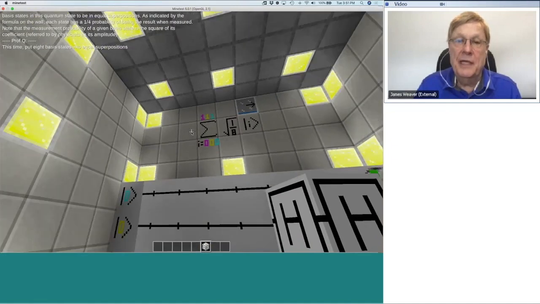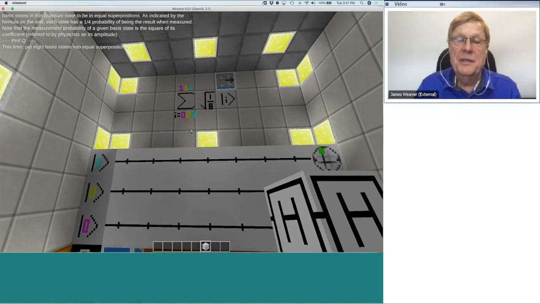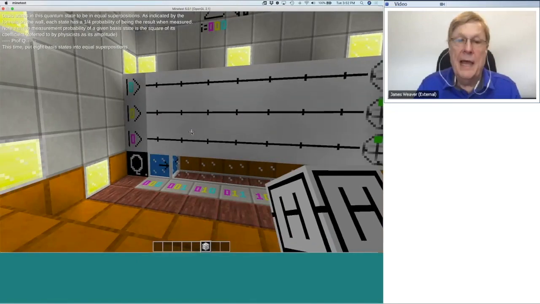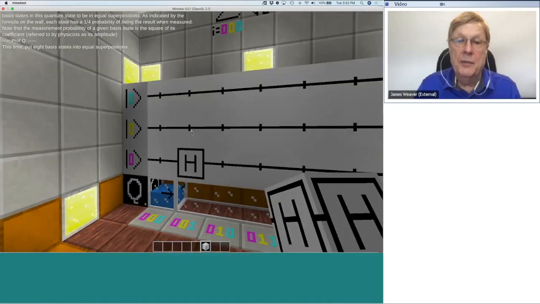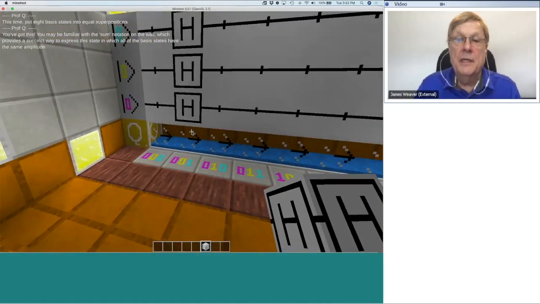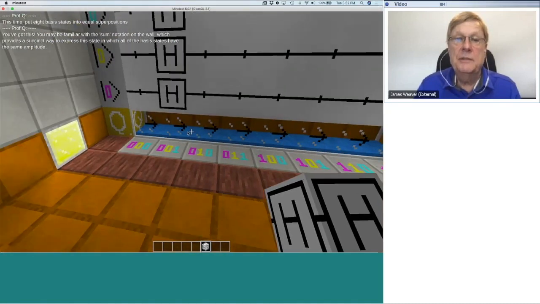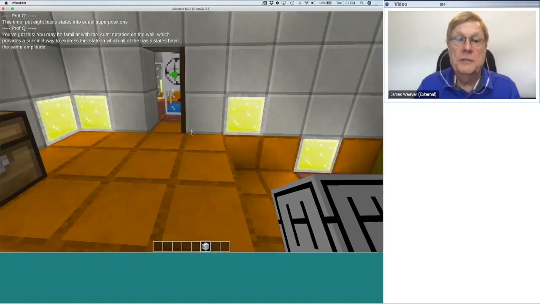So an equal superposition where each one has a 1/8 probability. So we'll wield that block on that one. We see that each one has a 1/8 probability, equal superposition. And so now we can go to the next one.